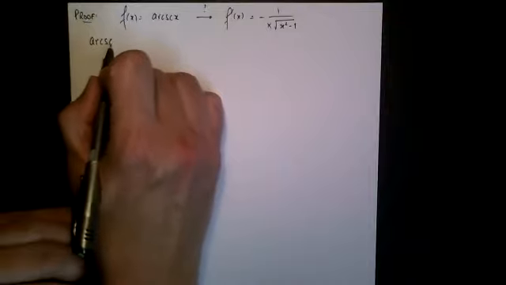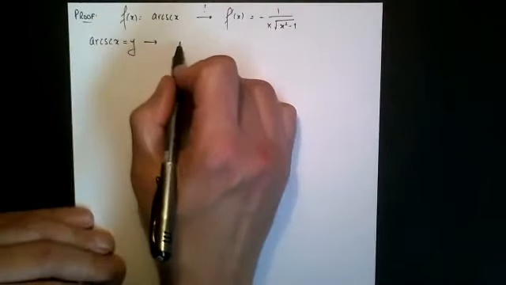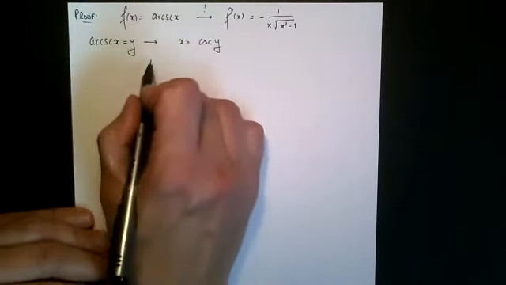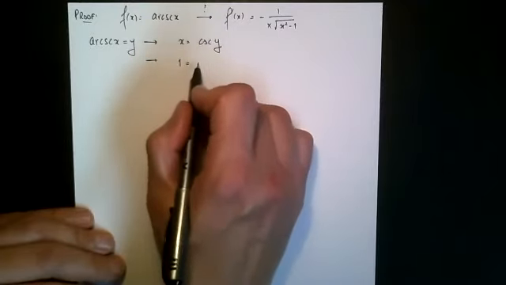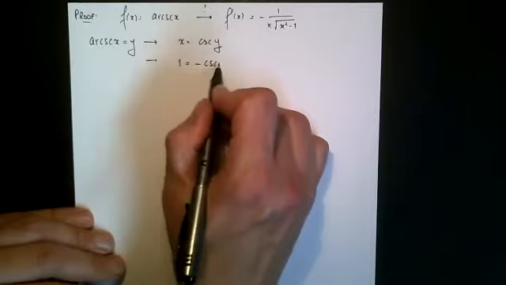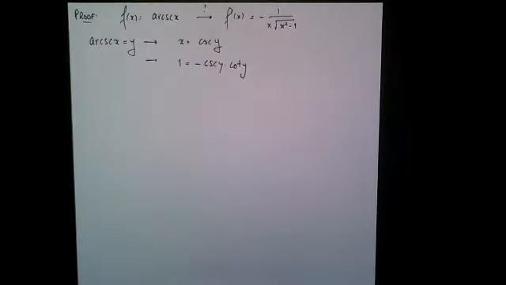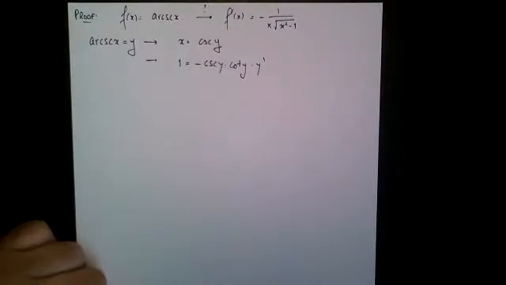So arc cosecant of x is equal to y. It means that x is equal to the cosecant of y. And if I derive both sides, I get 1 equals the derivative of cosecant, which is negative cosecant cotangent, times y prime.